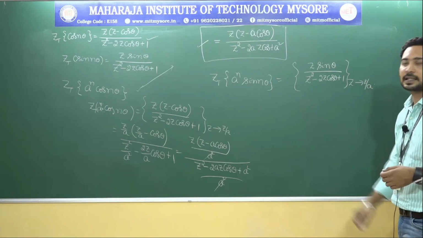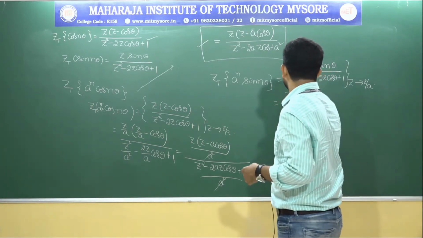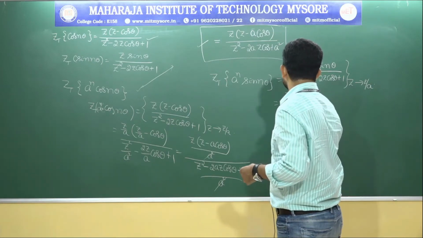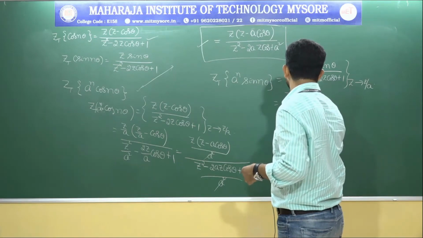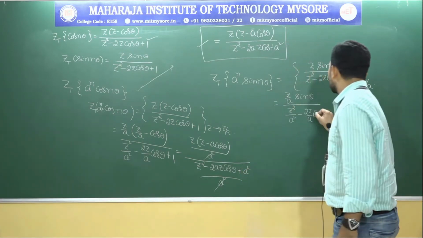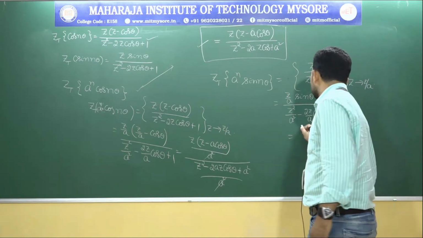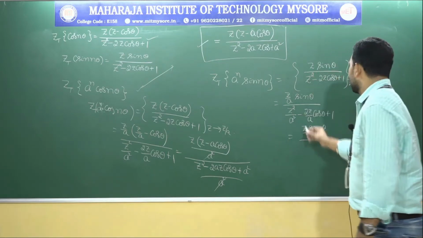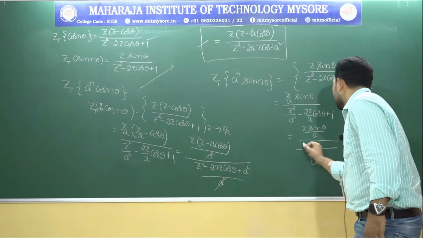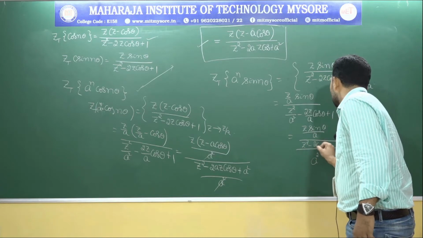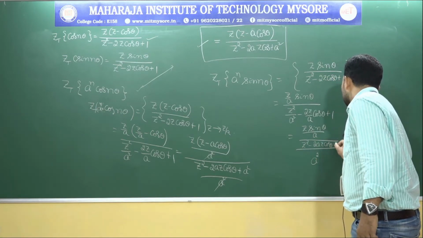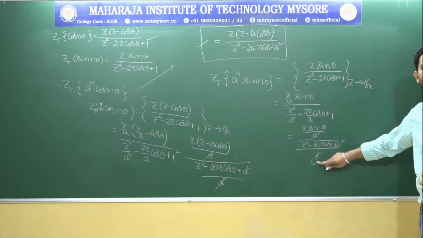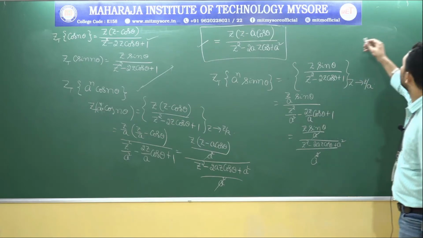Replace z by z/a, we will get (z/a) sin theta divided by (z²/a²) minus 2(z/a) cos theta plus 1. So we'll get z sin theta by a. If I take LCM, it is a² times z² minus 2az cos theta plus a². The a² will cancel, and we will remain with a, which goes to the numerator.